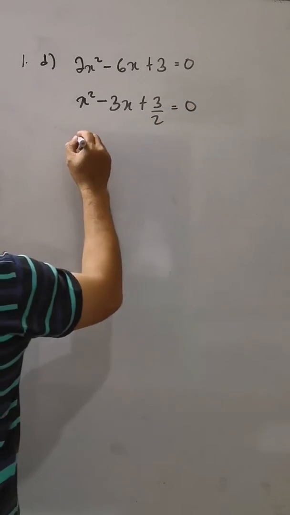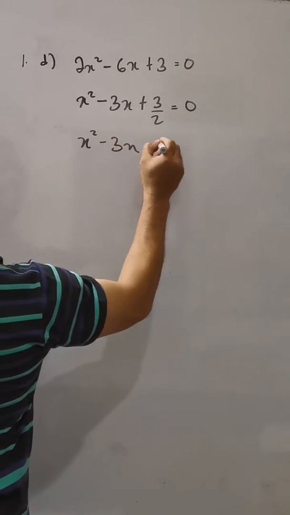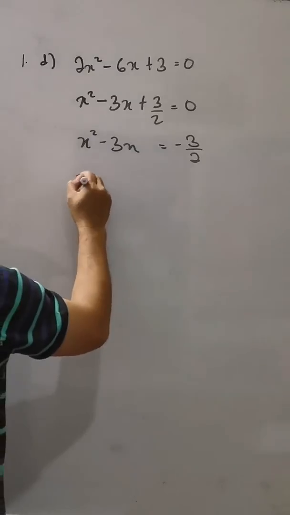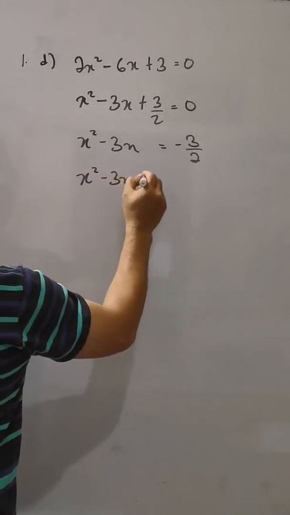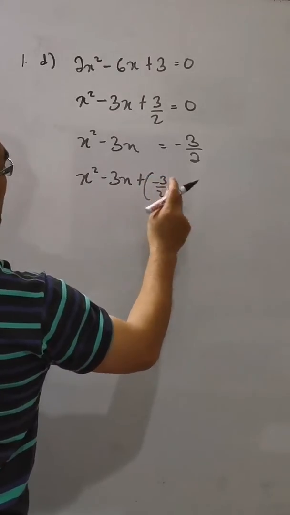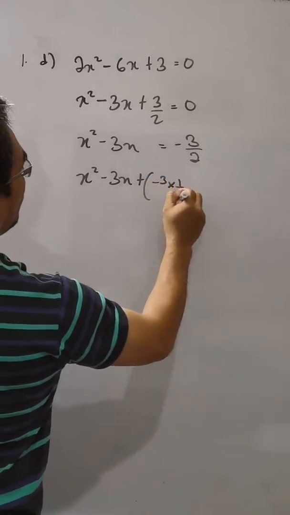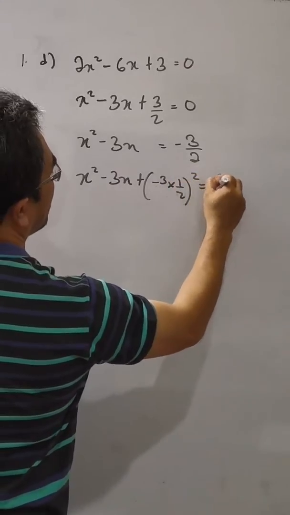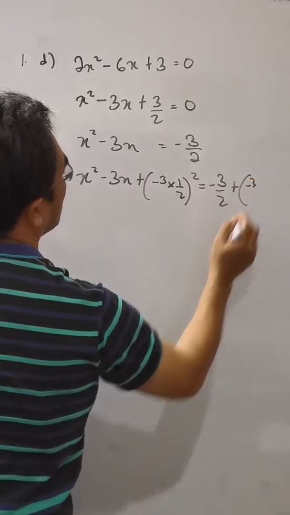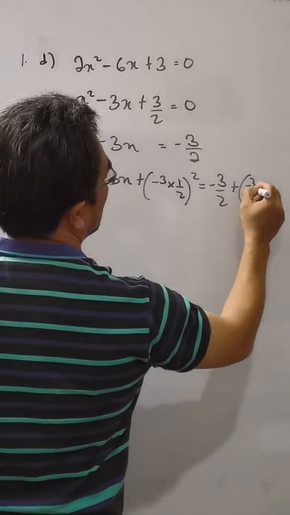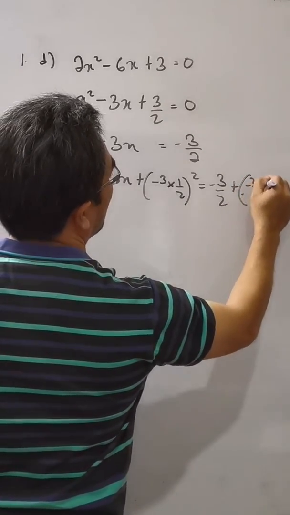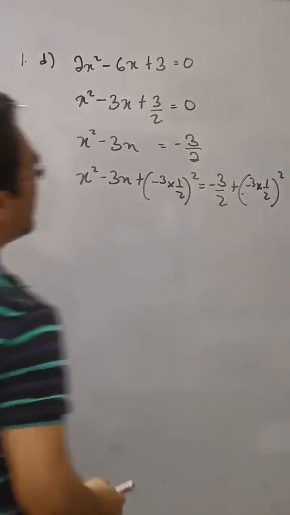Okay, so separate, this is negative 3 over 2, then multiply b, 3 times 1 over 2 squared plus 3 times 1 over 2 squared.